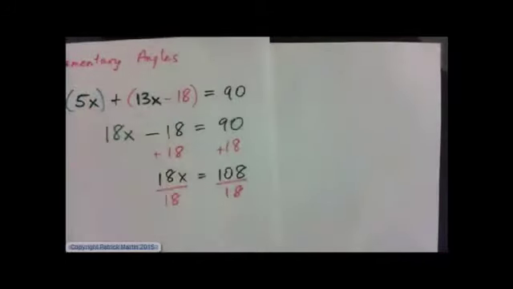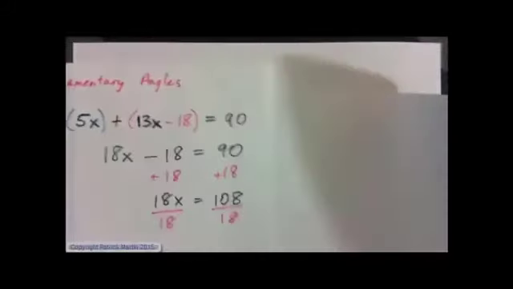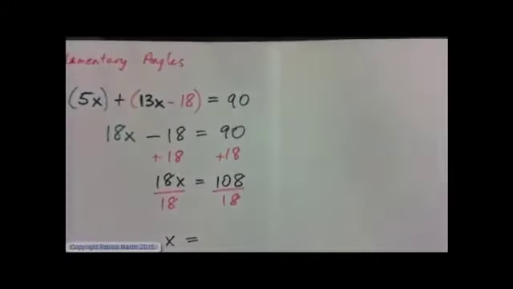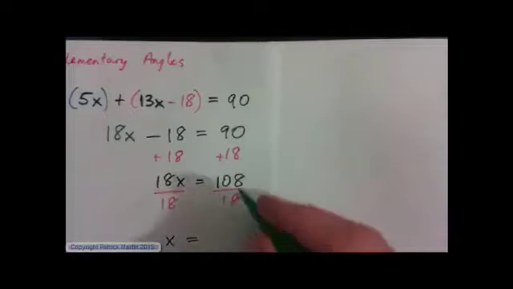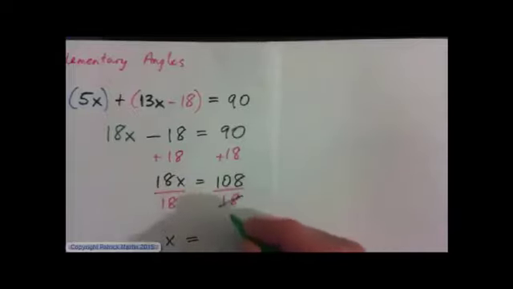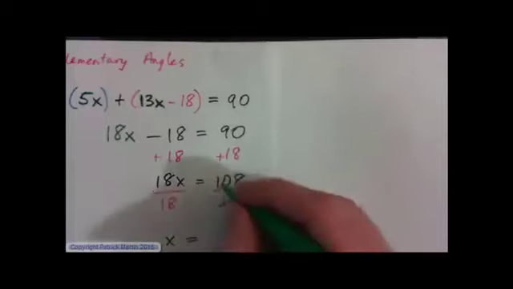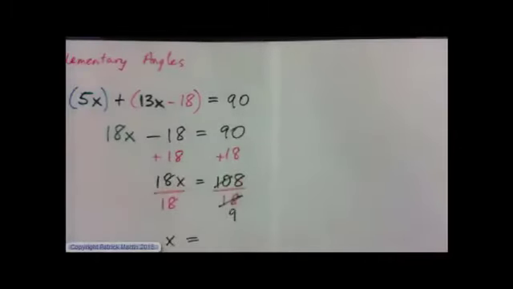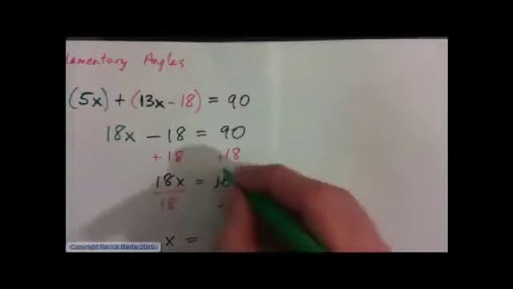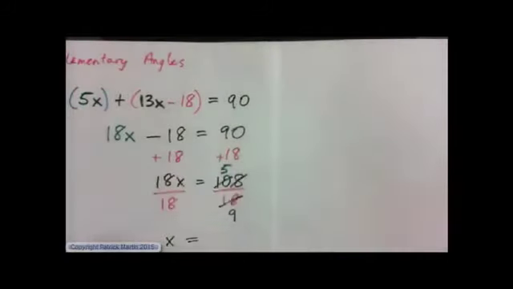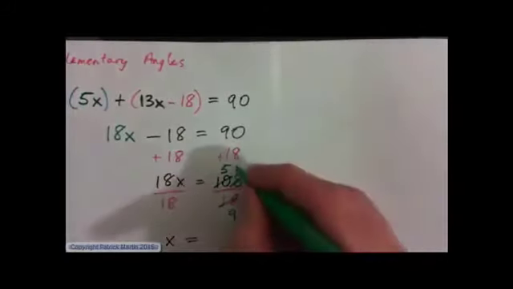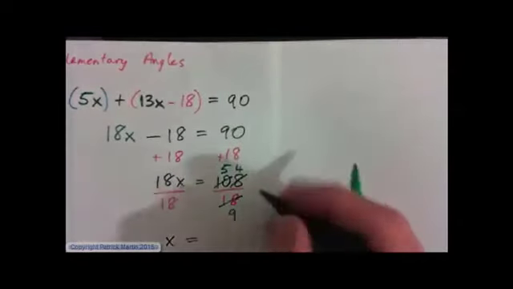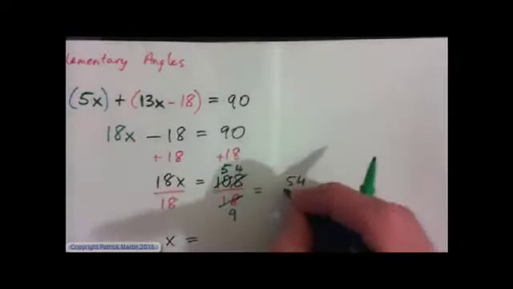We have x equals 108 over 18, and this fraction can be put in lowest terms, can't it? We could divide top and bottom by 2, for example. 2 into 18 goes 9 times. 2 into 10 is 5, and 2 into 8 is 4, so this is 54 over 9.